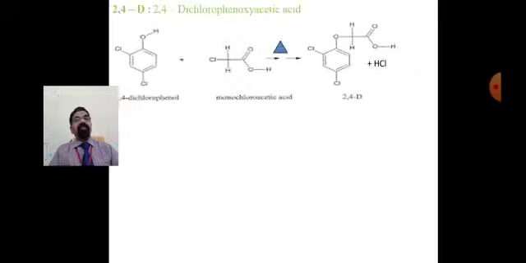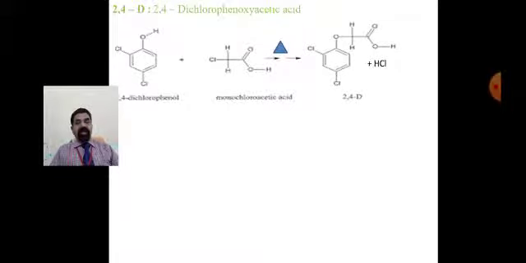Now, the fourth synthesis of pesticides is 2,4-D. 2,4-D is called 2,4-dichlorophenoxyacetic acid.